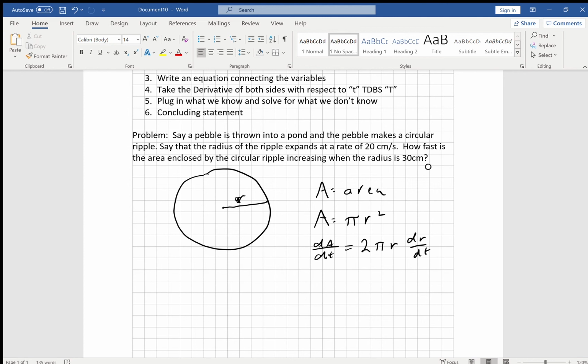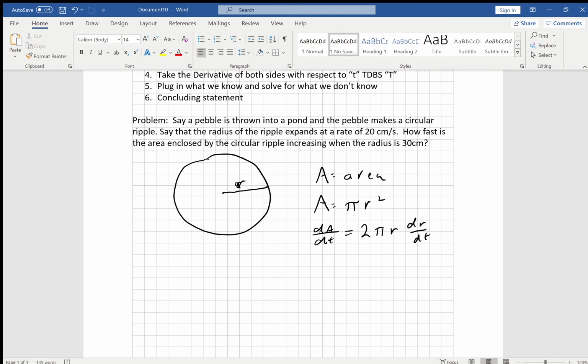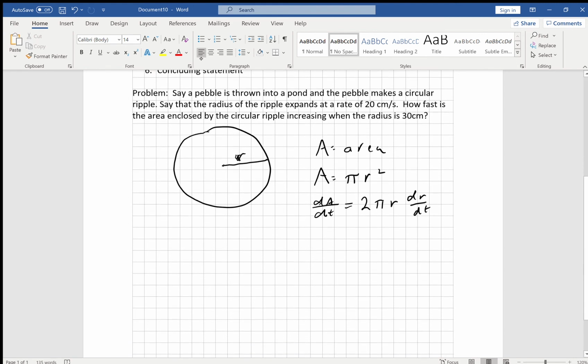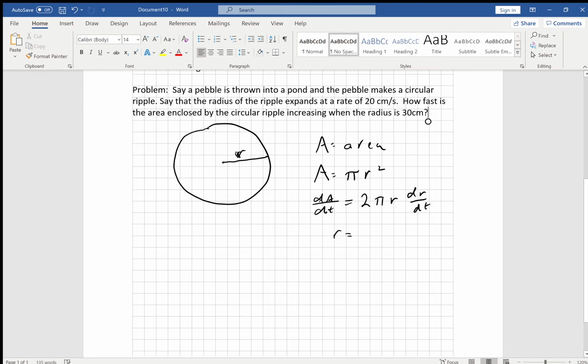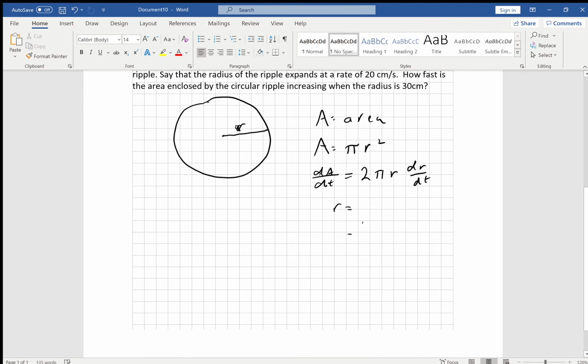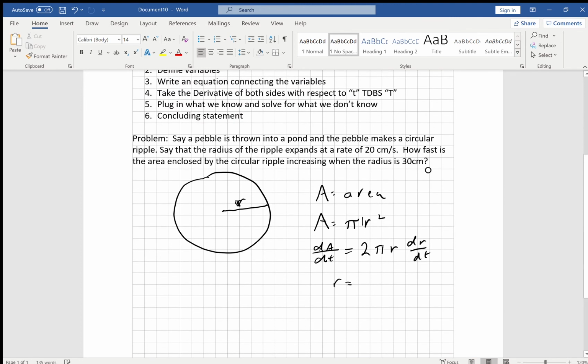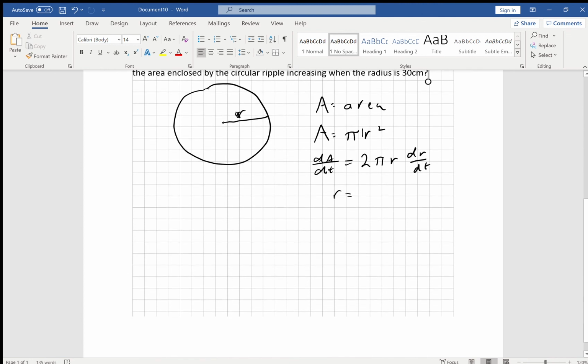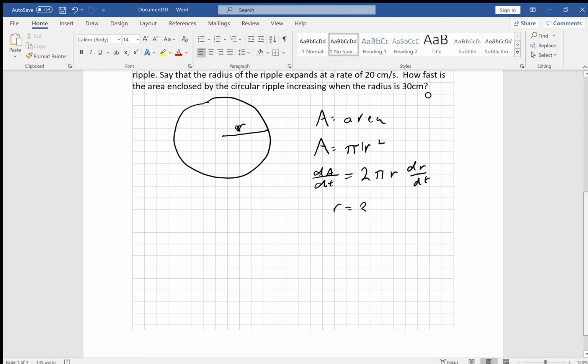Well, we're in the home stretch here. We're supposed to plug in what we know and solve for what we don't know. We do know that r is equal to 30 centimeters. And we also know dr/dt.